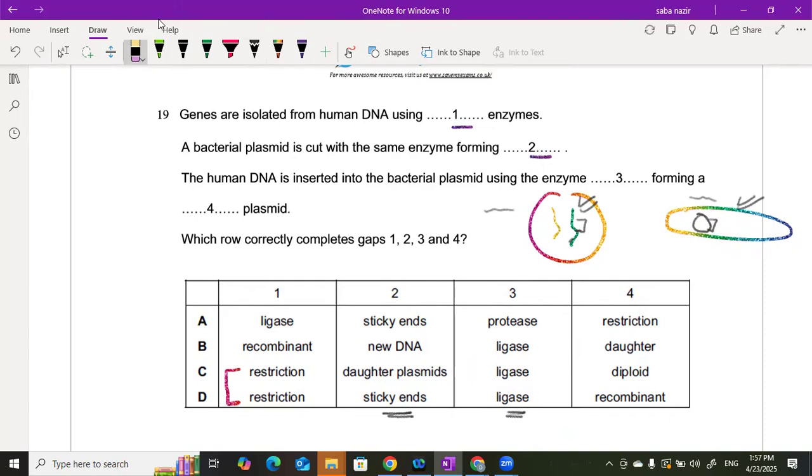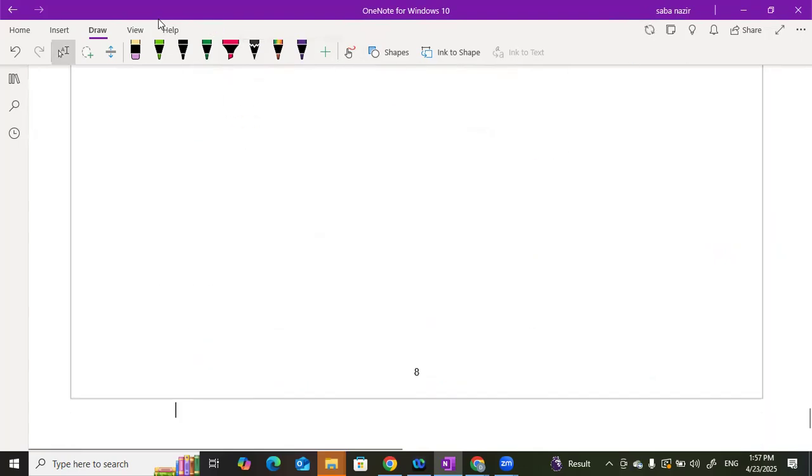It will not be purely made up of bacterial DNA. It will be bacterial DNA as well as some portion of human DNA. This type of DNA, which is a combination of two different organisms, is called recombinant DNA. This tends to be the correct answer.